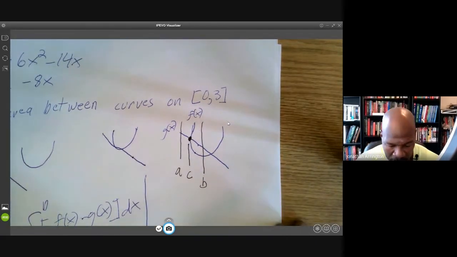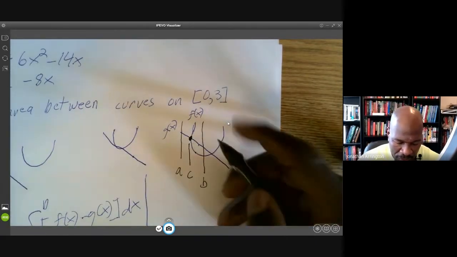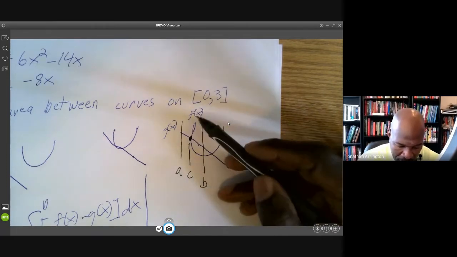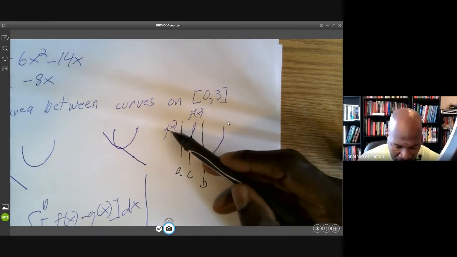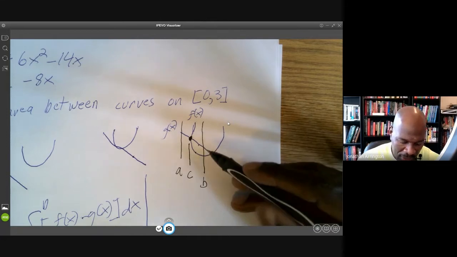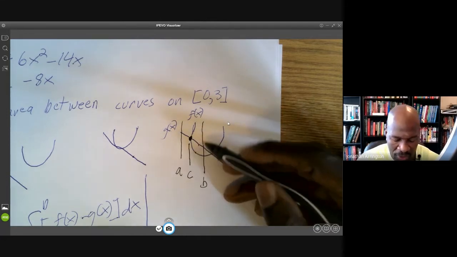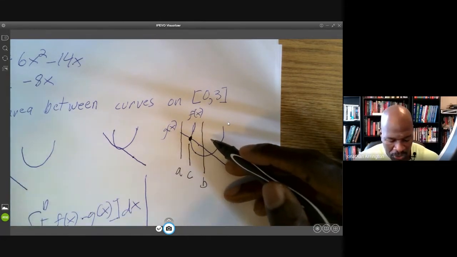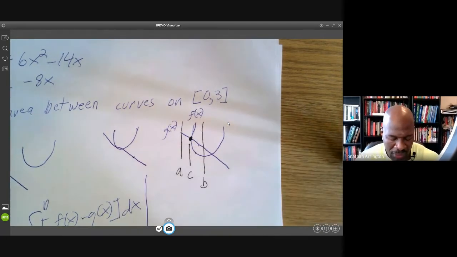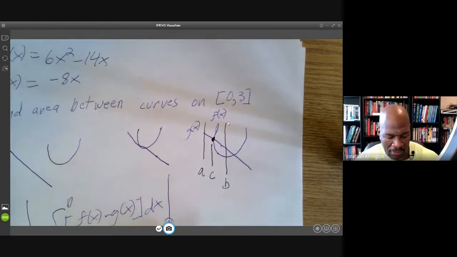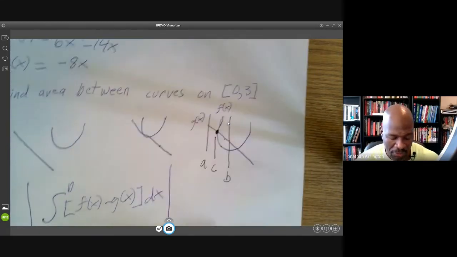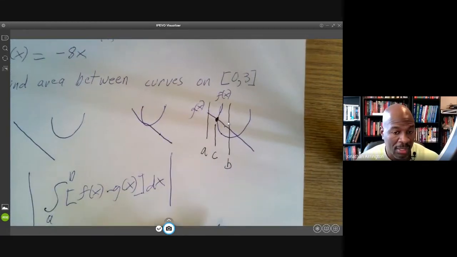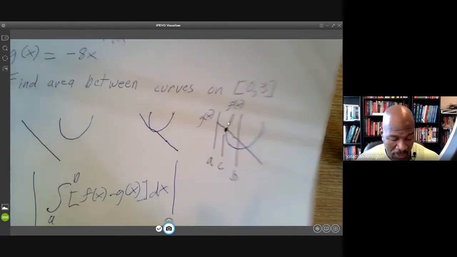And to do it properly, on the first integral it should be the top function minus the bottom function, and on the second integral, again, the top function minus the bottom function. And so the order should switch there. But again, if you want to get away from worrying about switching the order, all you have to do is put it in absolute value symbols. And that's the way I'm going to do it here.